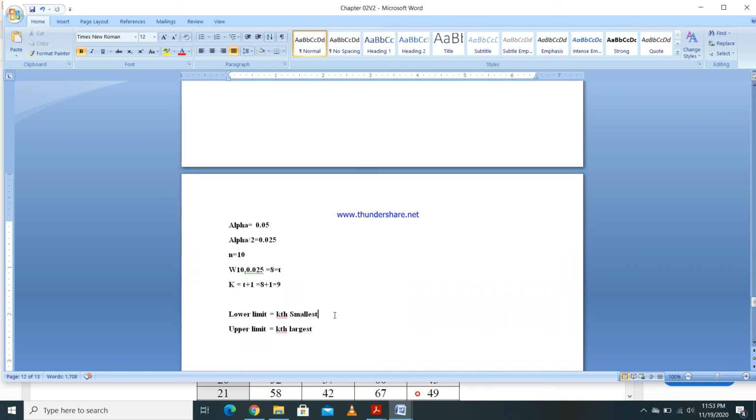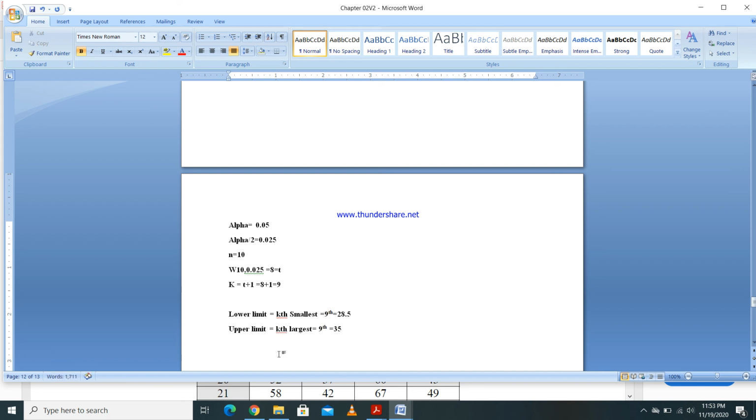So the 9th smallest one is 28.5, and the 9th largest one is 35.